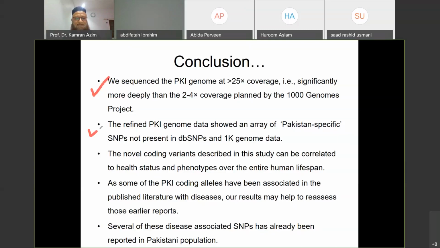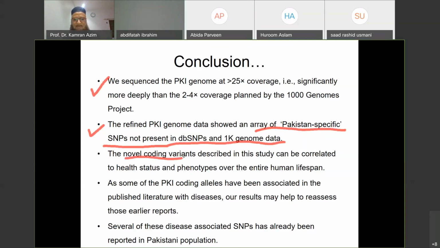The refined Pakistani individual genome data showed an array of Pakistan-specific SNPs not present in other databases containing SNPs and indel sequences.